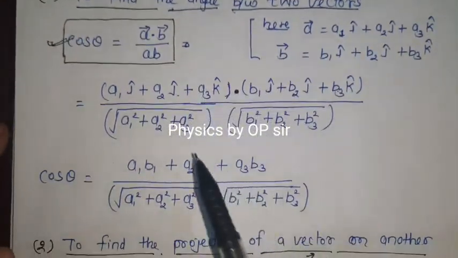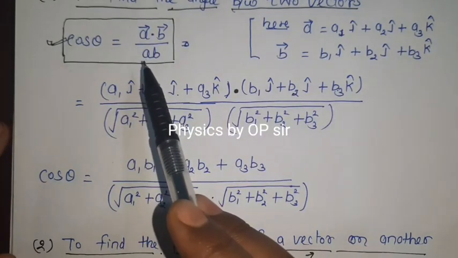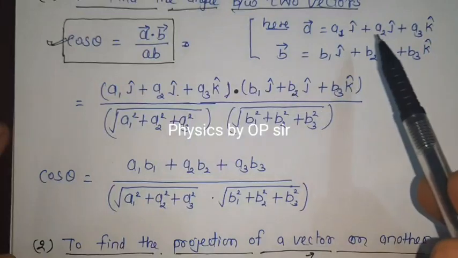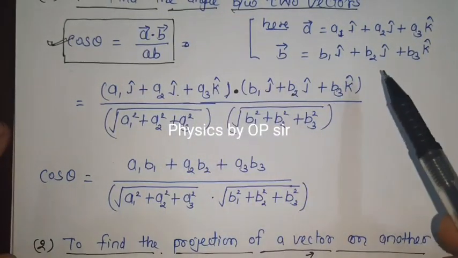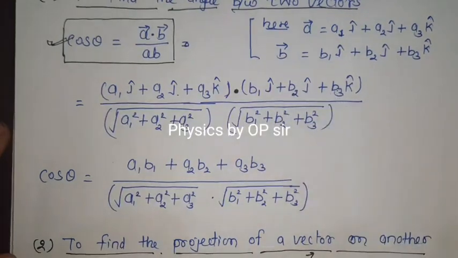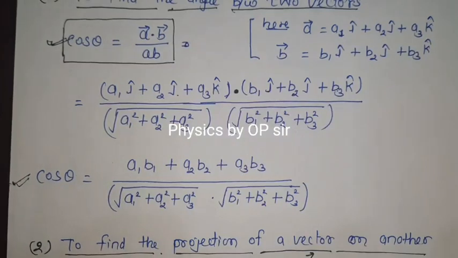The denominator is the magnitude of a, root of a1 square plus a2 square plus a3 square, and the magnitude of b, root of b1 square plus b2 square plus b3 square. So in this way we can find the angle between the two vectors.